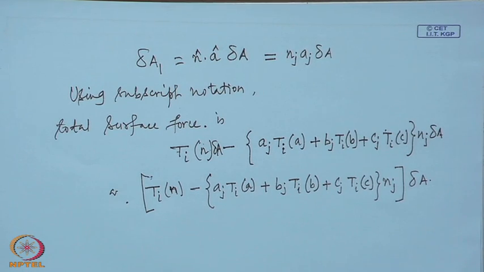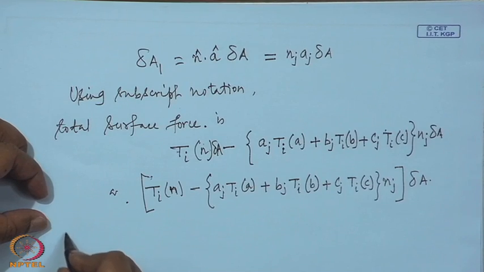Now, let us consider the equilibrium of this fluid element. This is the surface force acting on this element. In addition, the volume force is also acting on this element.